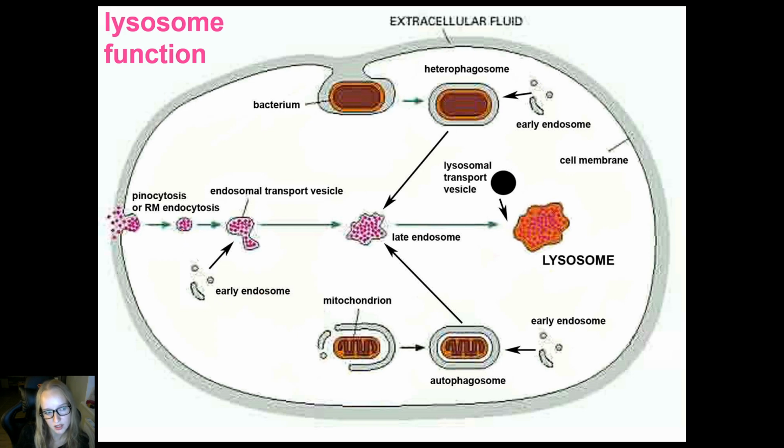This schema is not so correct, I think, because normally there should be this arrow, like we have a pinocytic vesicle that fuses with some proton pump vesicles which have protons inside, and when they fuse together they create something called an early endosome, and this early endosome is transported like an endosomal transport vesicle deeper into the cell, creating a late endosome which fuses with a lysosomal transport vesicle from the Golgi complex and creates a lysosome.